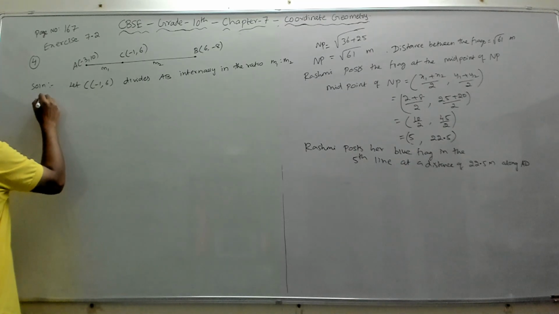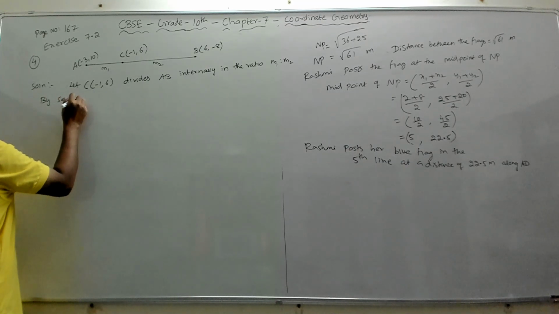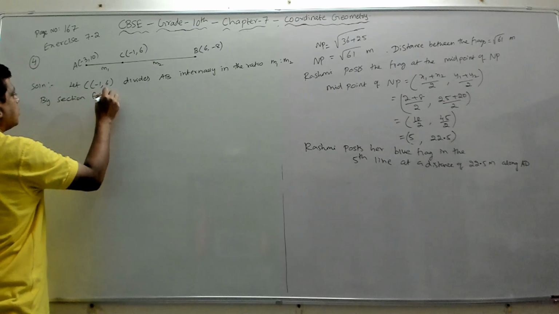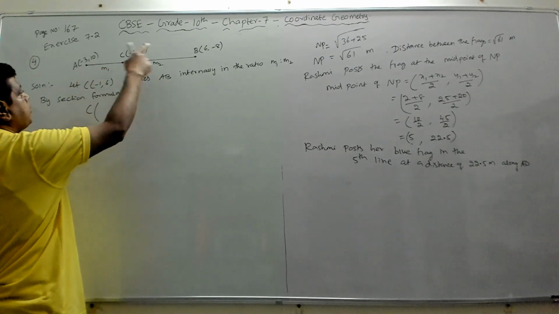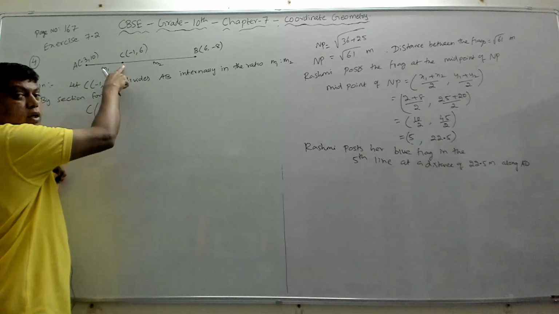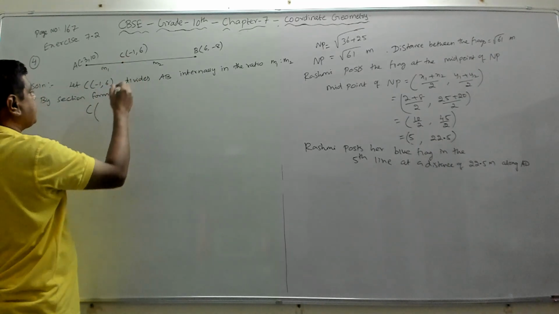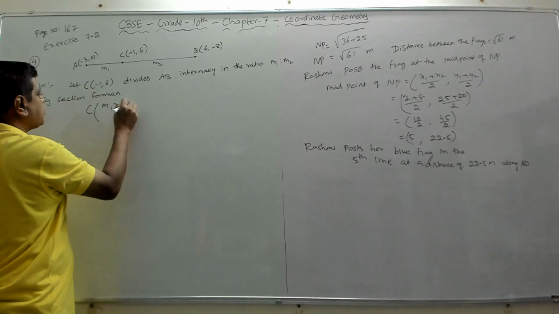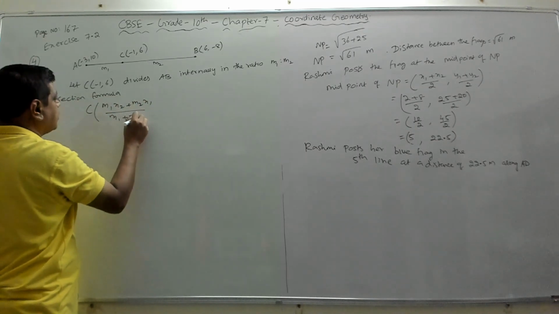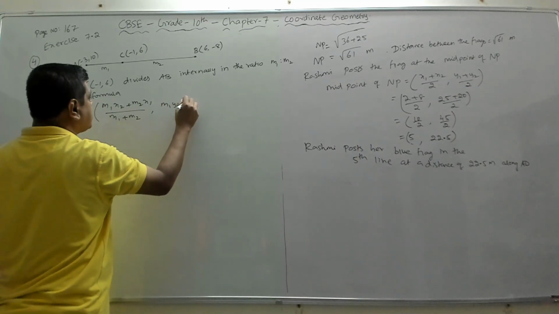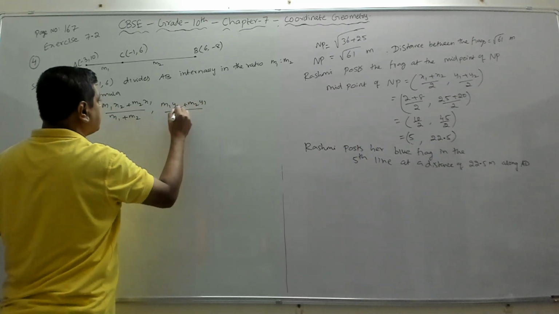So by section formula, what do we have? By section formula, because C divides AB in the ratio m1 is to m2, the point C coordinate is given by the section formula as (m1 x2 plus m2 x1) by (m1 plus m2), comma, (m1 y2 plus m2 y1) by (m1 plus m2).